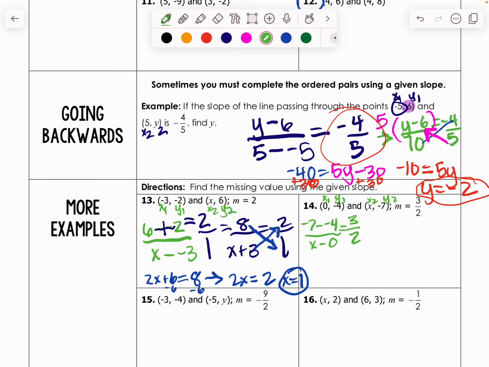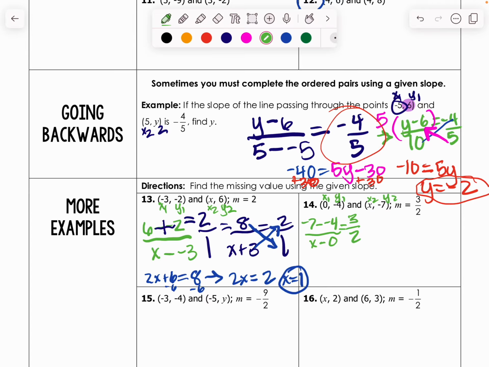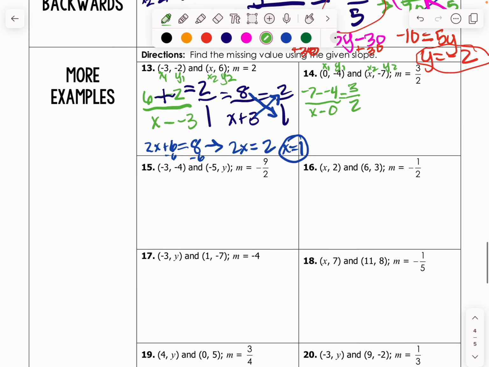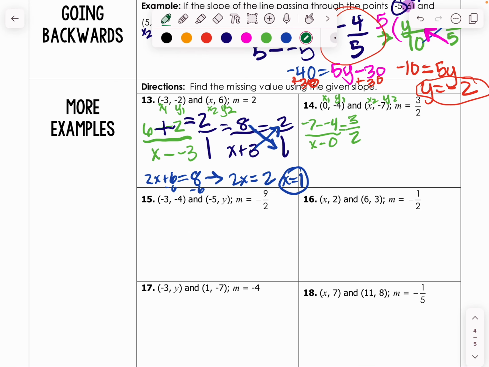Okay, so we do -7 minus -4 is really plus. So we're going to get -3 equals, and we're just going to have x at the bottom, 3 over 2. So we get -6 when we cross multiply equals 3x. So x equals -2.